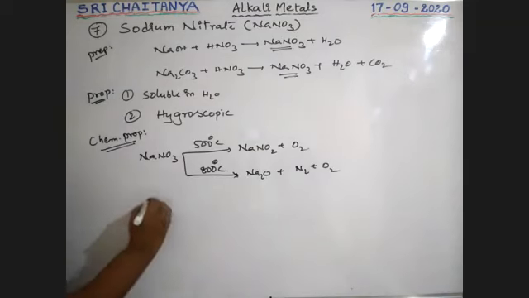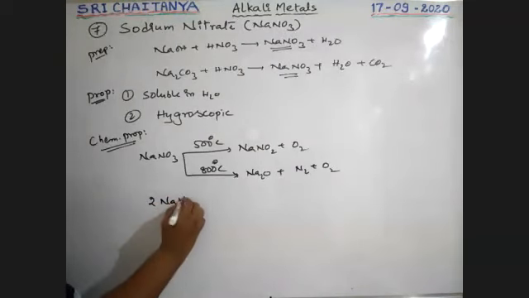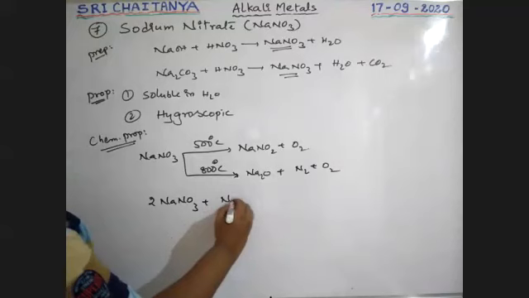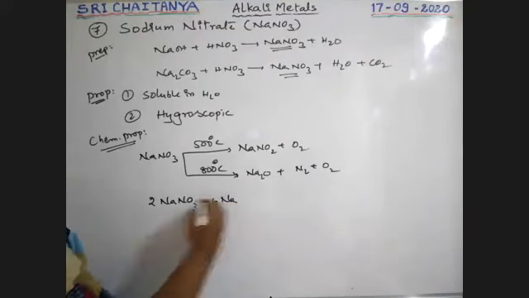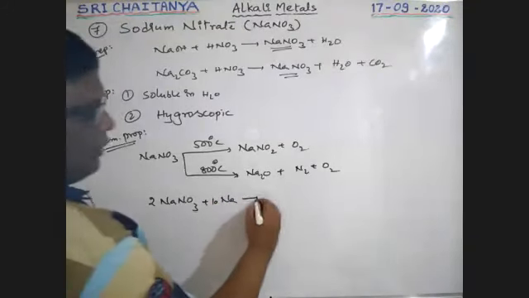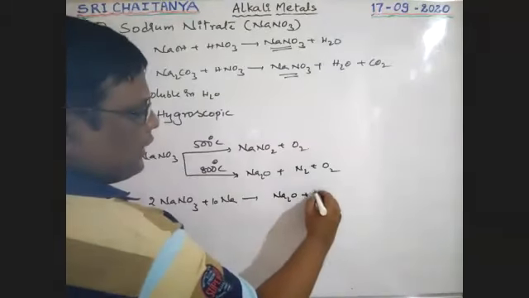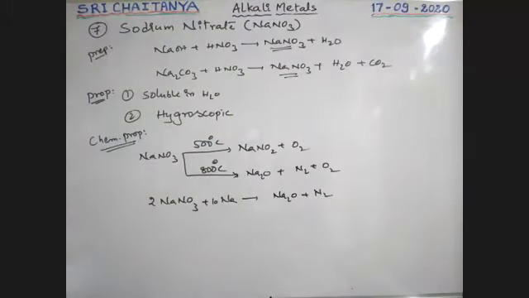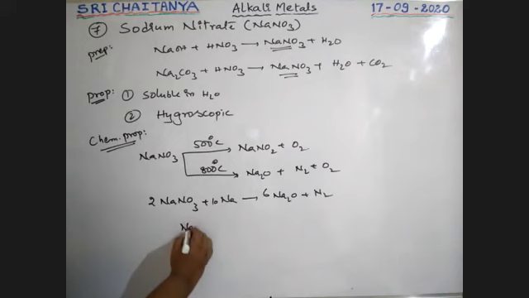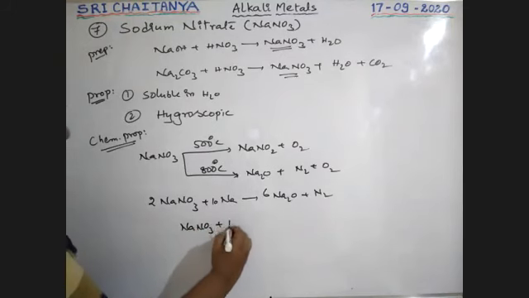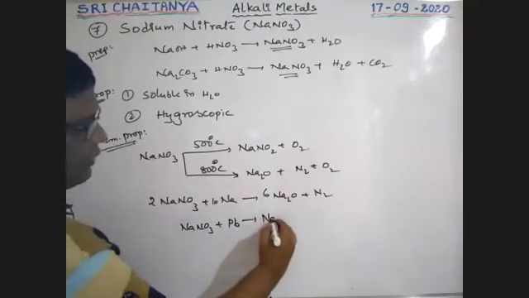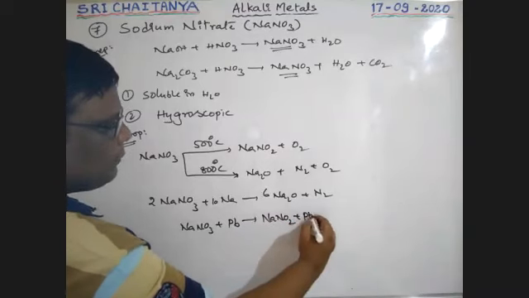Next, when NaNO3 reacts with sodium metal, 10 Na, it gives Na2O plus N2 as the final product, 6 Na2O plus N2. Next, when NaNO3 reacts with lead, that gives NaNO2 plus PbO.